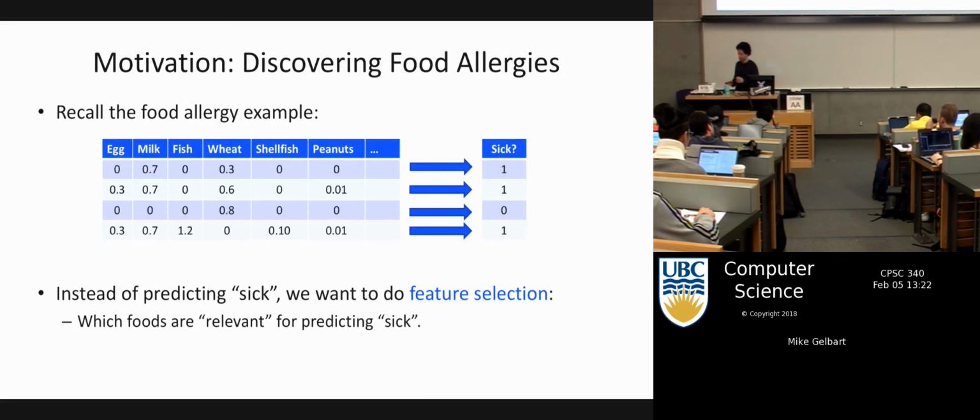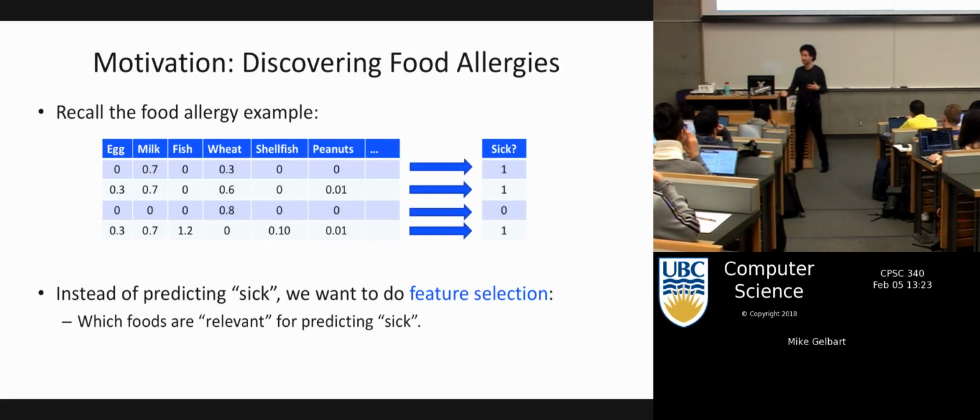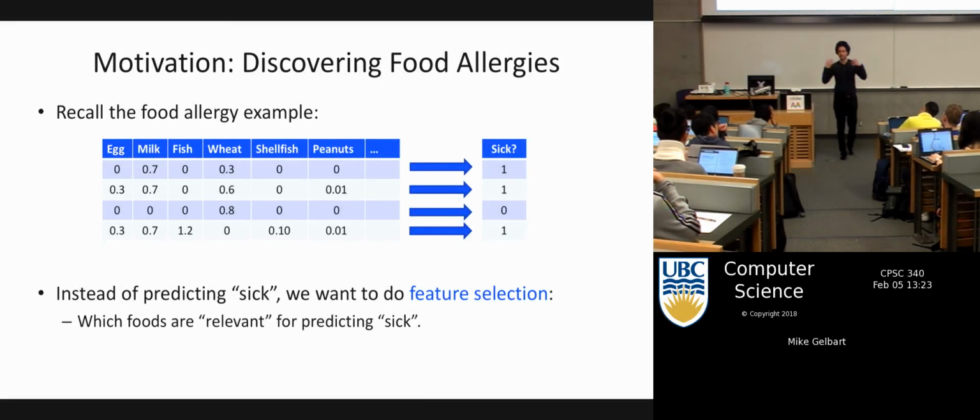So for example, if I knew that the same data set minus the peanuts column was just as good at predicting as with, then that actually tells me something about peanuts, which is probably that this is not the thing determining whether or not I get sick, because if I threw away that information, I was just as good at predicting. So there is this interplay between prediction and interpretation, inference, understanding, and we will do that dance a little bit today.